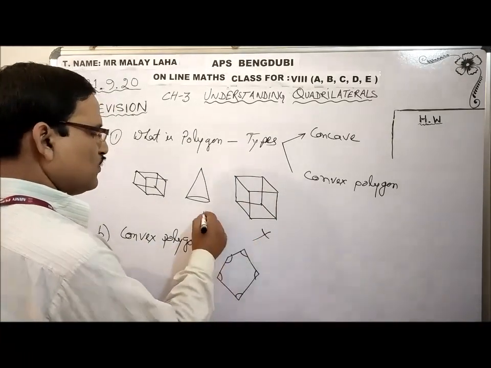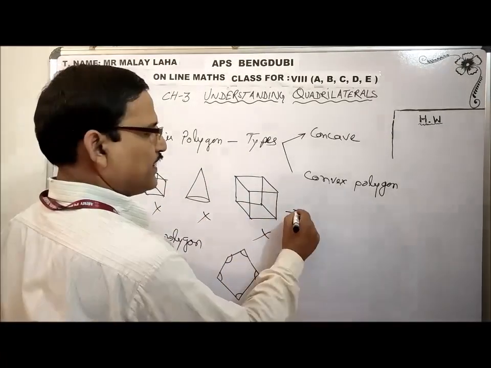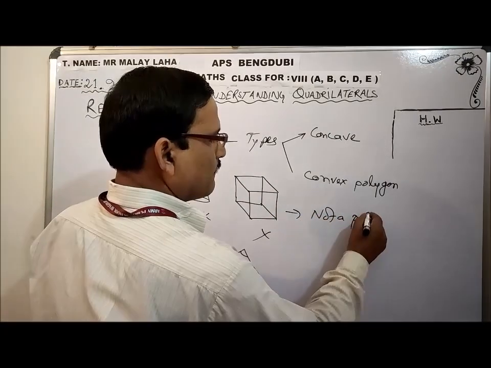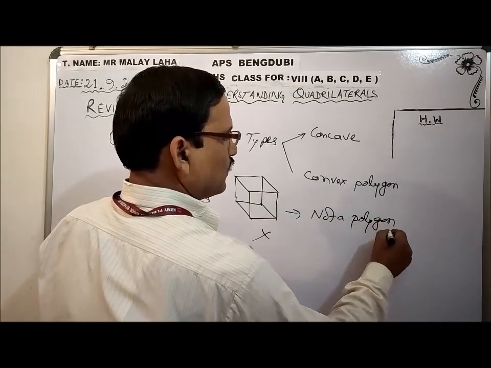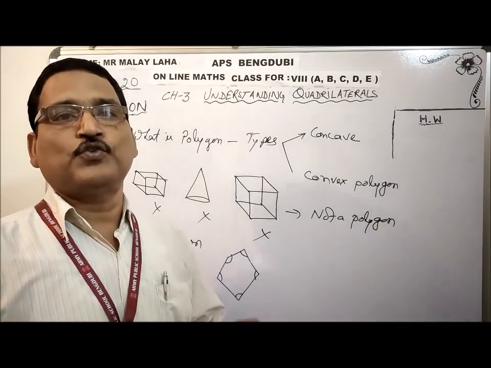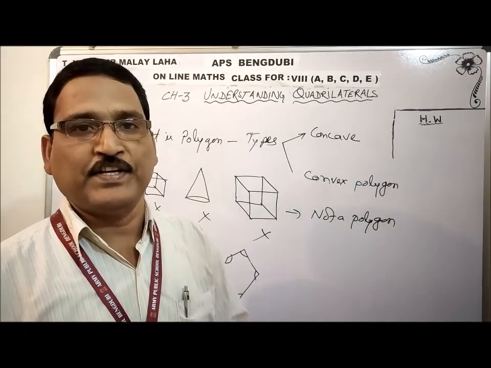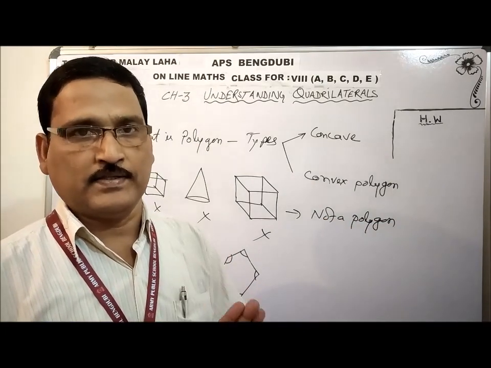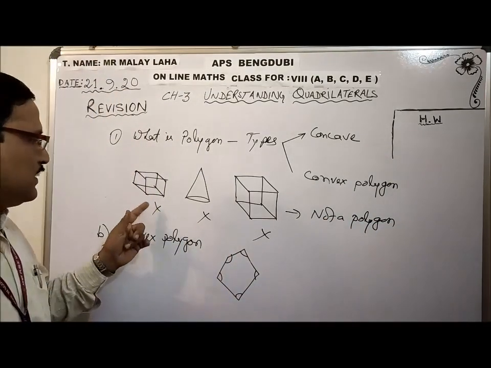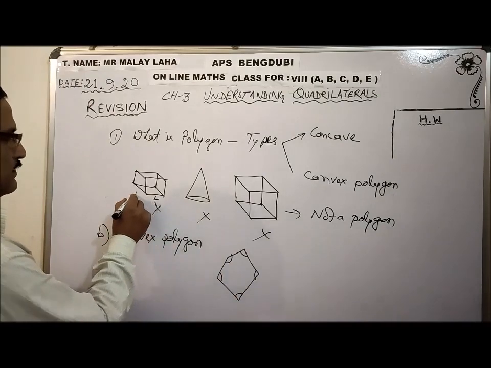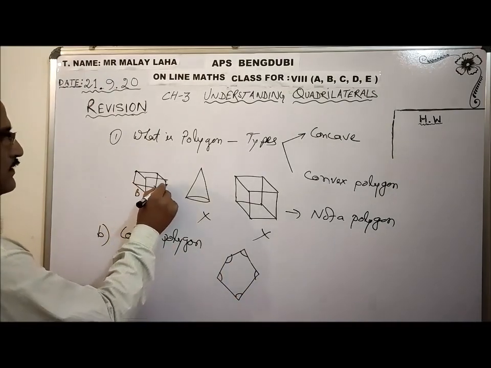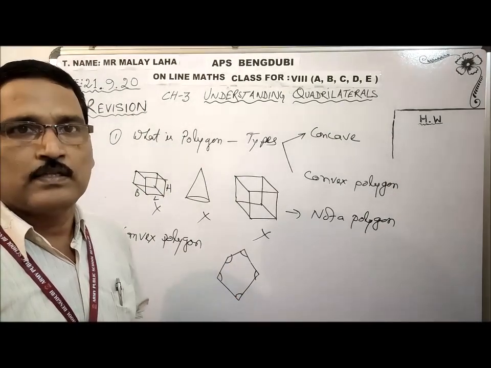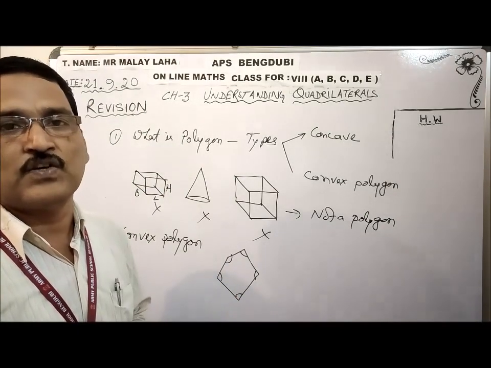No, this is not a polygon. Why? Because a polygon should always be a two-dimensional shape, that is, it has length and breadth. But you see, this is length, this is breadth, and this is height. Any object having 3 dimensions is not a polygon.